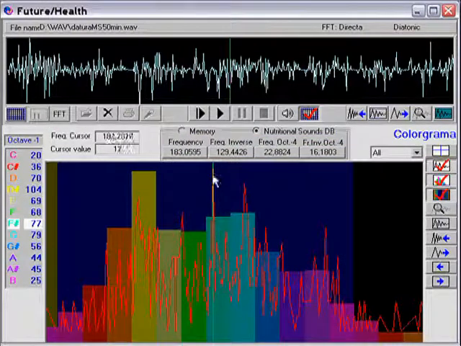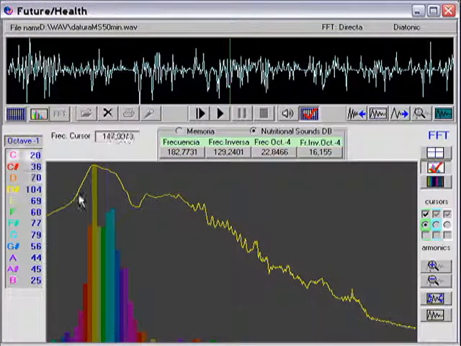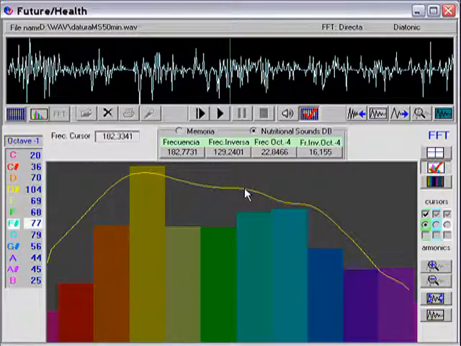Here we have another example of an FFT, and here we pick up this frequency here, 183, in the cologram. So let's see how that shows in the FFT. You see there's a little bump here that is there where the 183 is. So if we would zoom in, we would pick it up better. Okay, there.